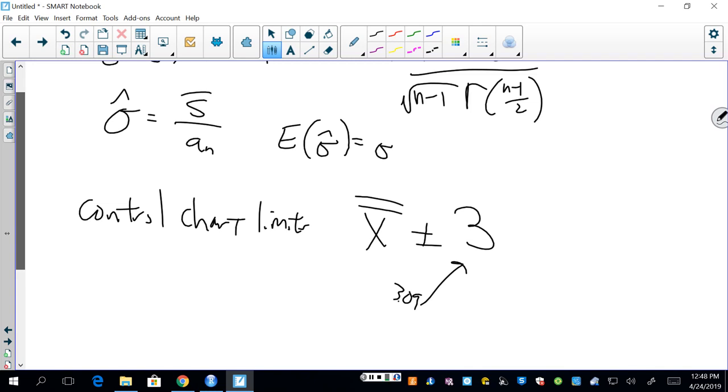And then we're going to estimate sigma, that average S over that adjustment factor. And then there's a square root of n term there for the n measurements. And that'll give us a control chart, right?